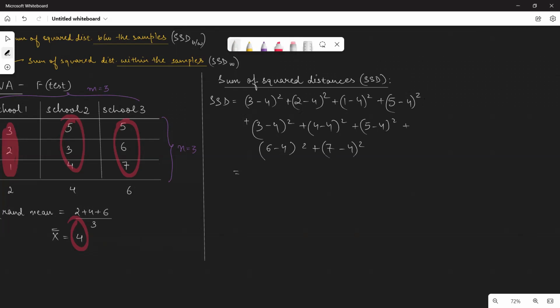Something like that. Now when we calculate, how much do we have? 3 minus 4 is 1, 1 square is 1, 1 plus 2 square is 4, and then 9, 9, 1 minus 4, 9.